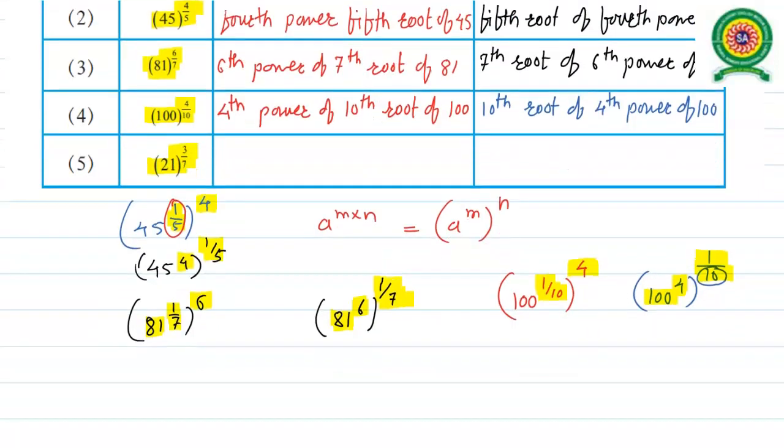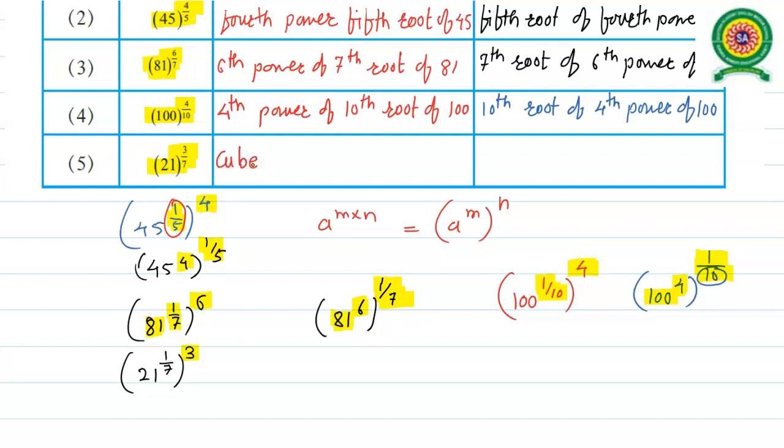That means we are writing it is of the form 21 to the power 1 by 7 and whole to the power 3. Since an integer as the power, we read it as the third power, means the cube of.